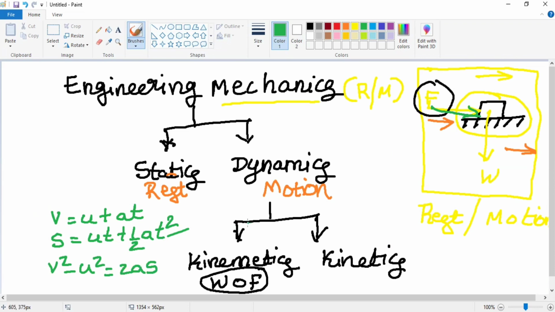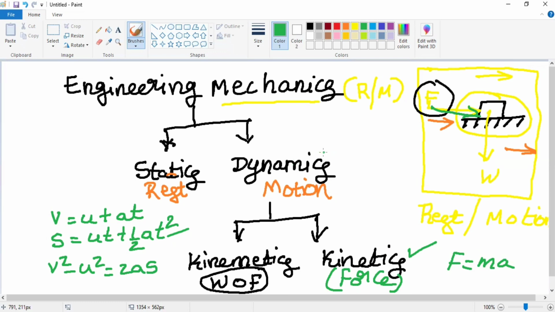Whereas if you consider the force into the picture, if we consider that force, then that science is called kinetics. That means the F equal to ma equation. So these are the basic divisions, the basic idea about mechanics.